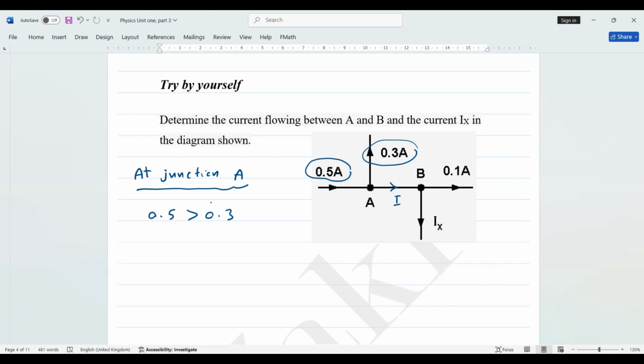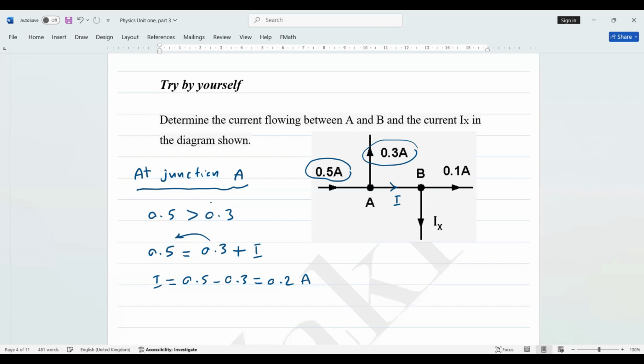Now, at junction A, the current in is 0.5, equal to the current out, which is 0.3 plus I. This is also current out. Now, shift 0.3 to the other side. I equals 0.5 minus 0.3, which equals 0.2 ampere.